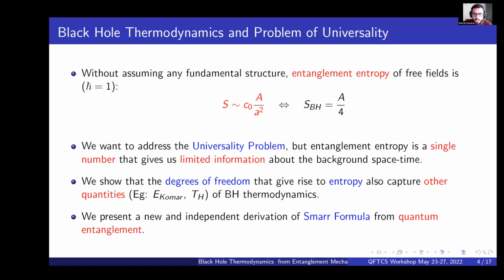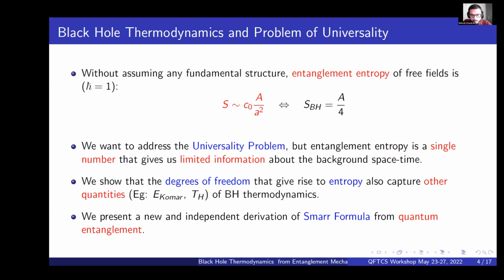And if you calculate the entanglement entropy for such a case, you will see that it also scales as the area of a separating horizon. And this is analogous to the Bekenstein-Hawking entropy. So this could be a possible way of explaining how black hole entropy comes about in the first place.